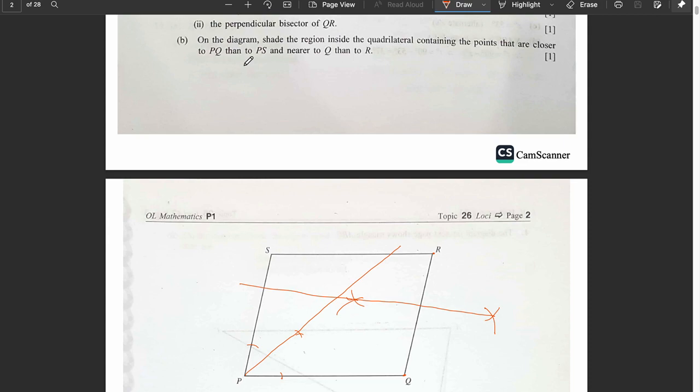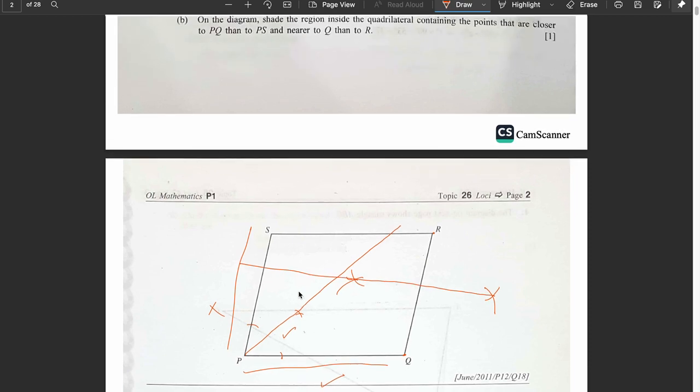Angle bisector, perpendicular bisector, and B part says on the diagram shade the region inside the quadrilateral containing, let's zoom out a little, points that are closer to PQ than PS. So are we sure that this is the side? It is on the lower side, closer to PQ than PS.